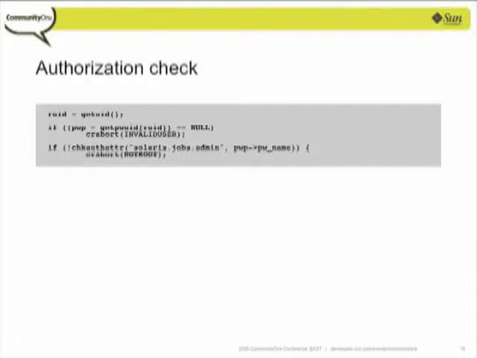And the first one is the string that you actually want to check against. In this case, solaris.jobs.admin. And that comes back with a true or false value. So if the authorization is granted, you can continue at this point. If not, if it returns with false, then you abort at this point because you don't have the right authorization.